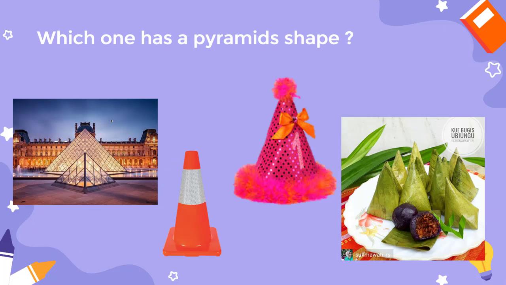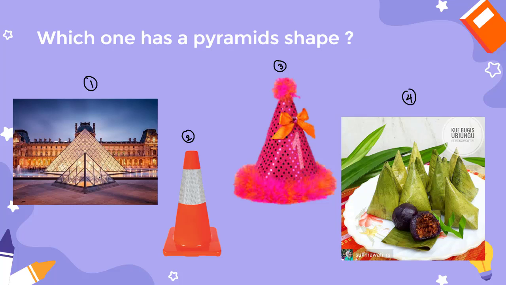Alright, now I have some pictures here. The question is, which one has a pyramid shape? For the first picture, I have the Louvre Museum. Second picture, I have a traffic cone. The third picture, I have a birthday hat. And the last, I have a traditional cake.